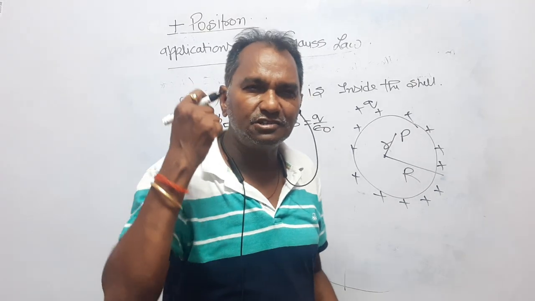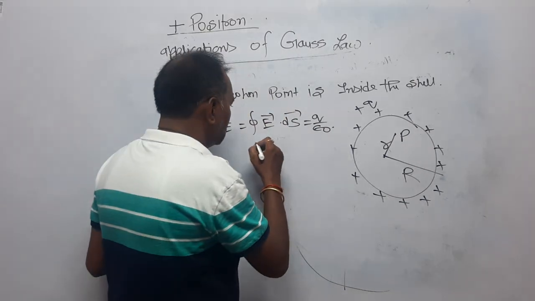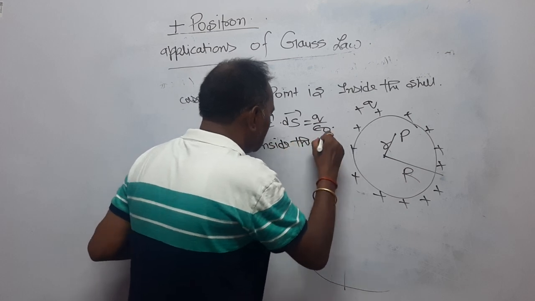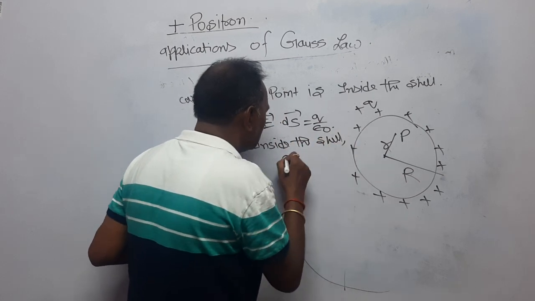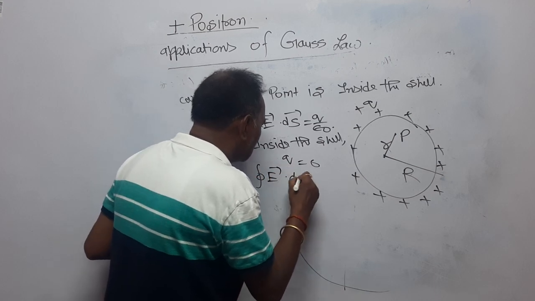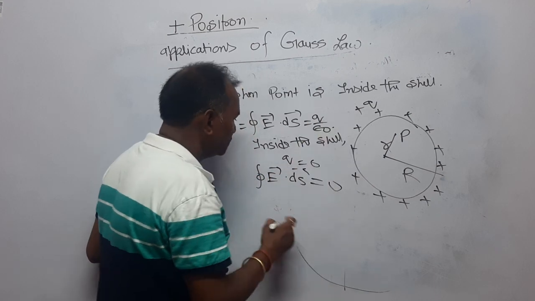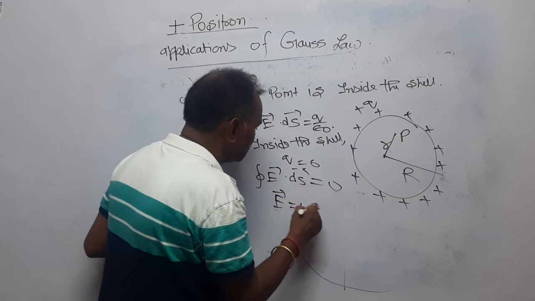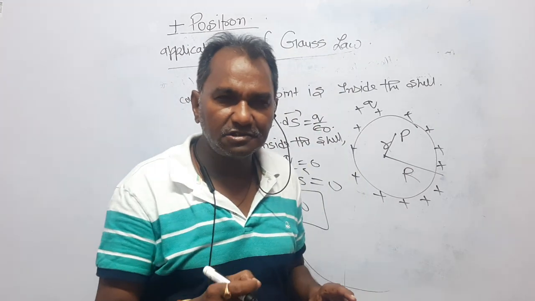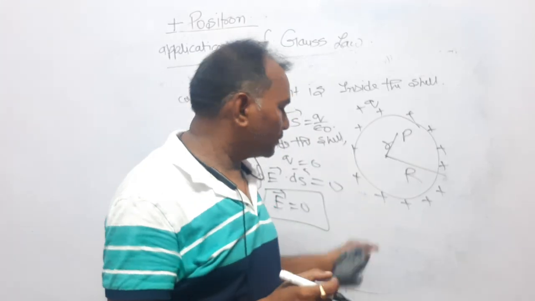Inside the shell there is no charge, so inside the shell Q equals 0. So integral E dot ds turns out to be 0, so E equals 0.